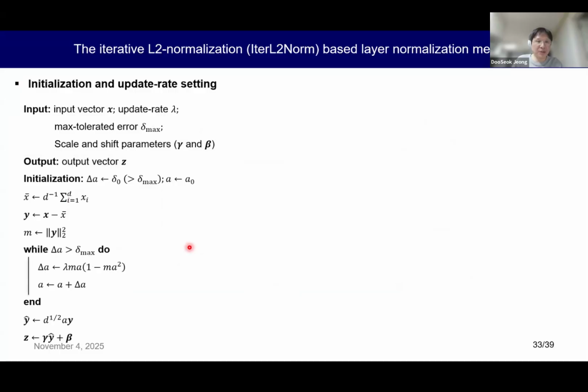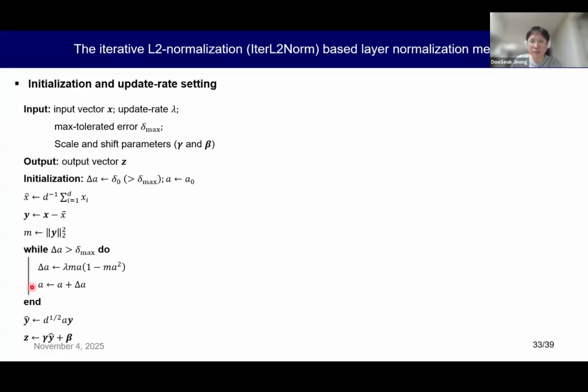Okay, so the algorithm is pretty simple, right? For this L2 normalization, you need to calculate the mean value first, and you have to shift the vector. And here you have to calculate the inner product of y with itself, that is m, but you have to do it just once, right?